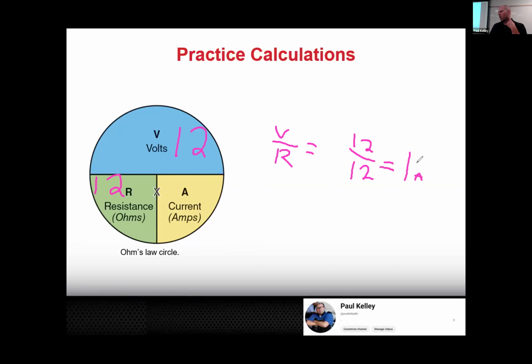If you got 1 amp, you are correct. Very good. If you got a different number, well, let's try again, shall we?